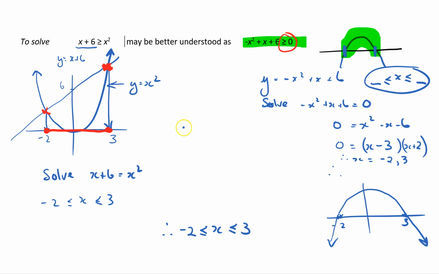I wouldn't encourage you to do it via this particular method. However, it's good to talk about it because there will be some graphs where this is the method that you will use, graphing the two separate functions and seeing, whatever the inequality suggests, a greater than or a less than, where one particular function is compared to the other one.